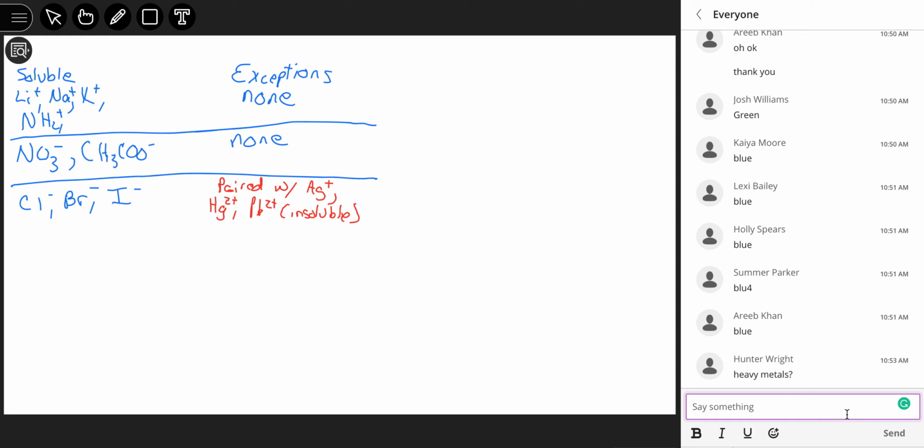Most of the time when you see lead, it's not soluble. Most of the time when you see mercury, it's not soluble. Silver can be soluble, but it's not when you mix it with a halogen. Remember, halogens are just the name of the things that are in group 7 on the periodic table. So it's fluorine, chlorine, bromine, iodine.